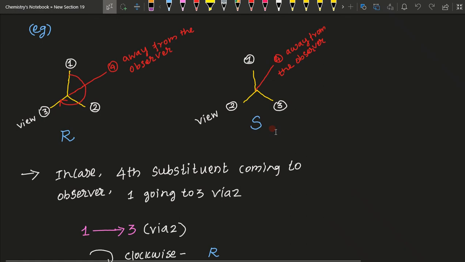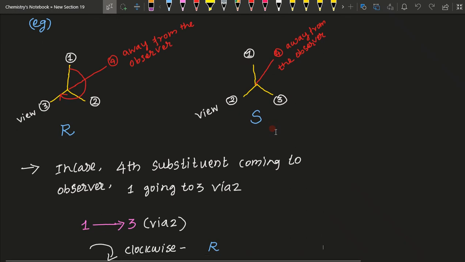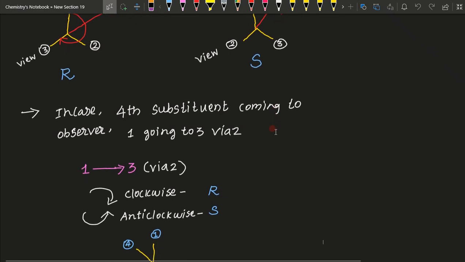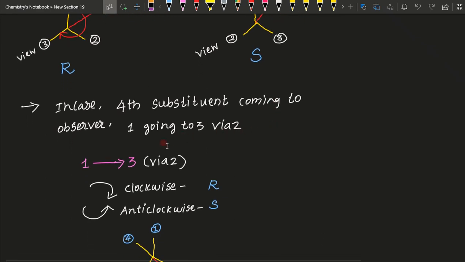In case fourth substituent coming to observer, so one group going to 3 via 2, so one going to 3 via 2, clockwise is or anti-clockwise or counterclockwise is yes.